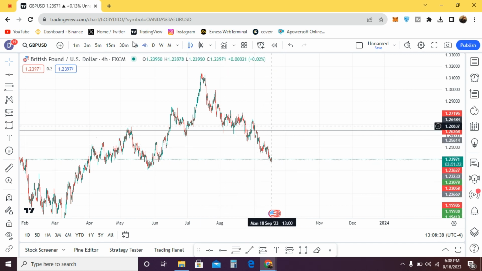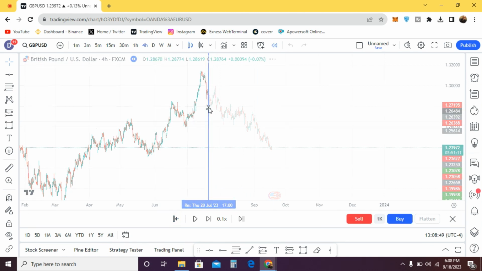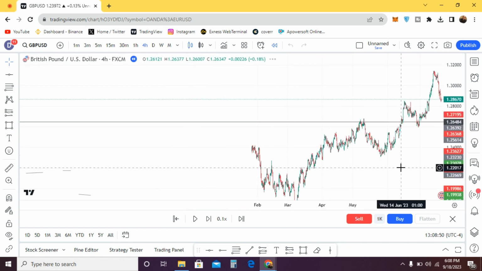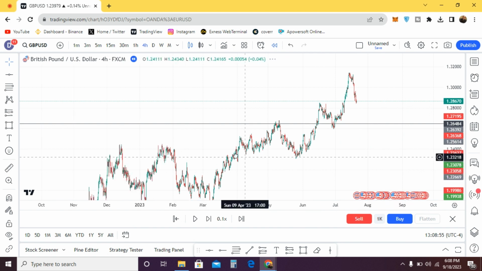So I'll go back in time to see how the market has been coming so far, and use it to make my decisions. So let's start from this zone over here. And I don't use 4 hours to trade. I mostly use 15 minutes or 5 minutes.